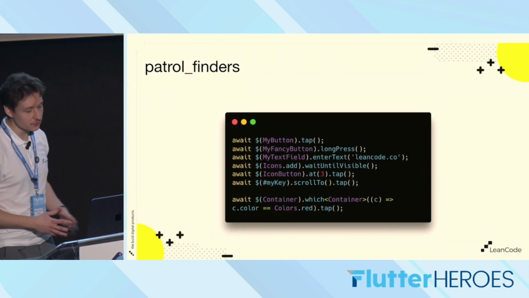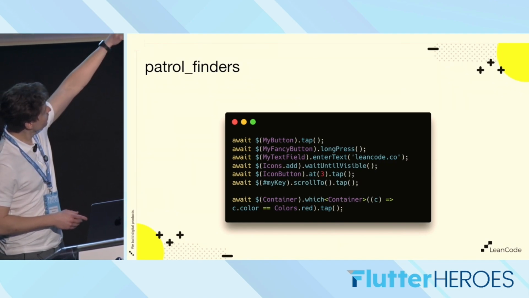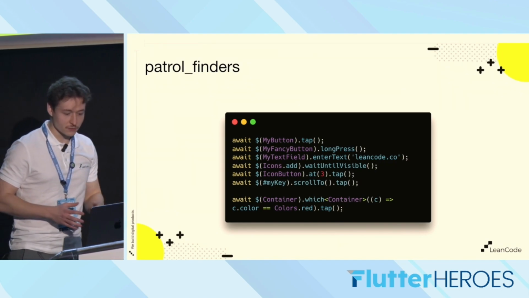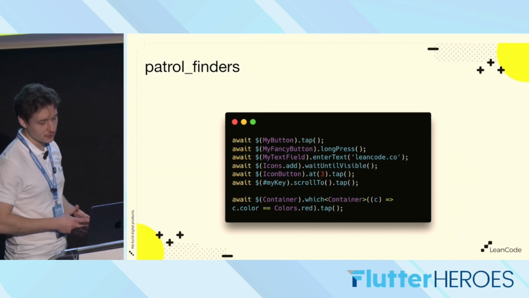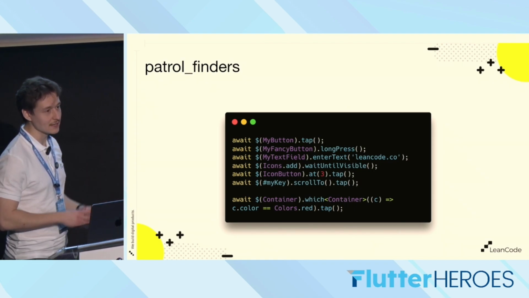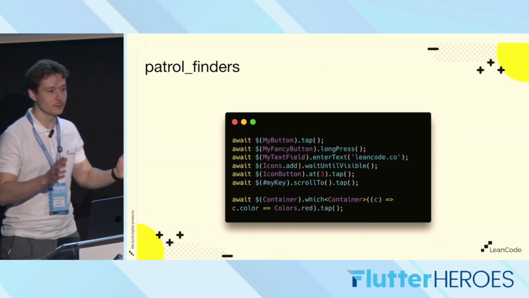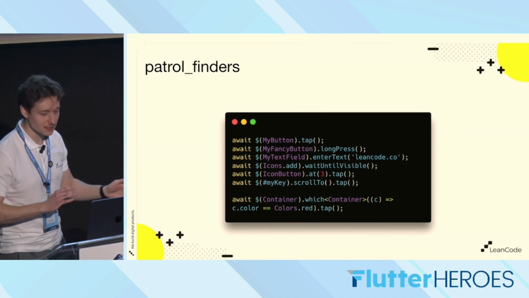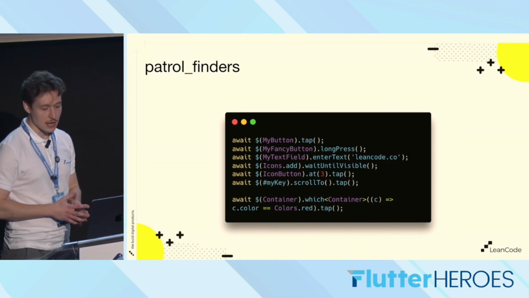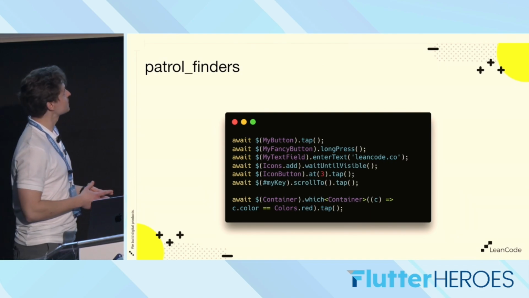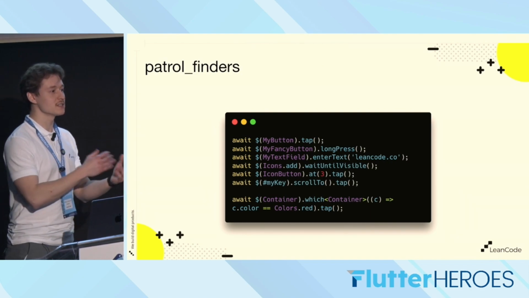And also we give you some actions, some methods for your convenience, such as tap, long press or enter text, and they just wait for this finder to be visible or clickable, so you don't have to pump and settle all around your code. Wait until visible means wait until something is actually visible for the user.